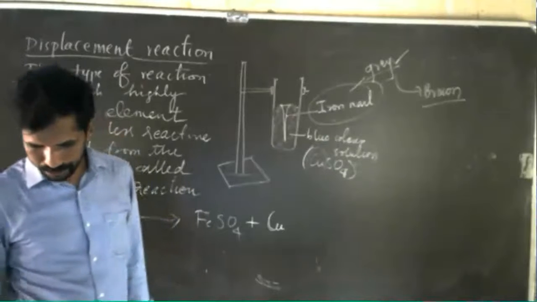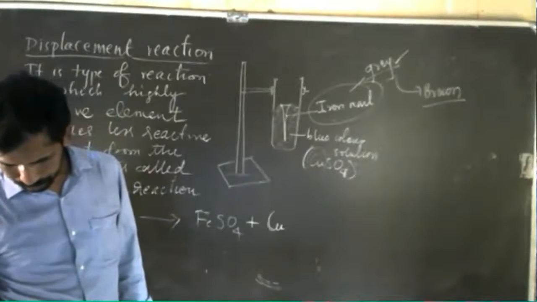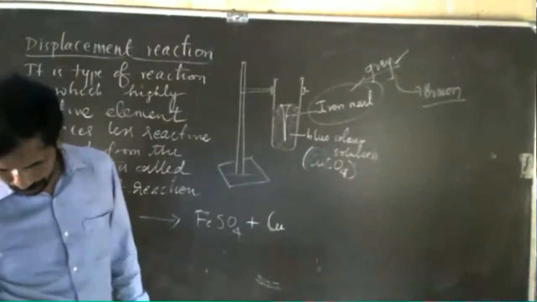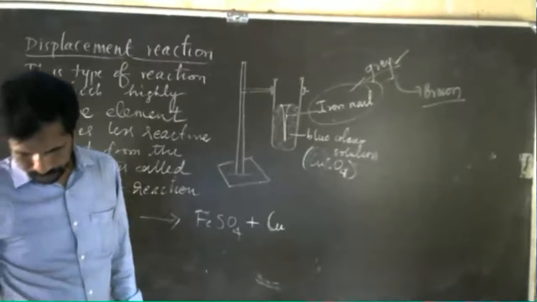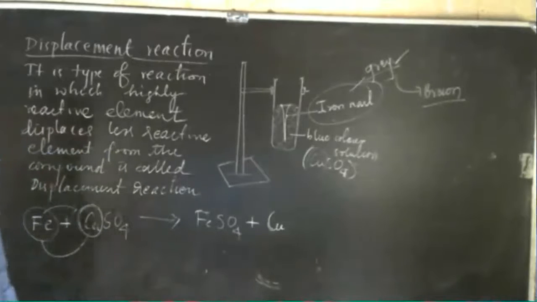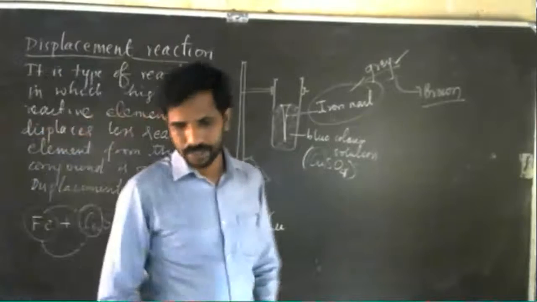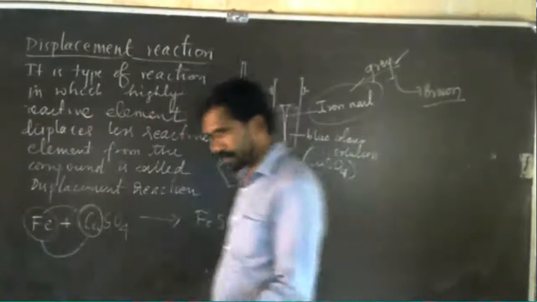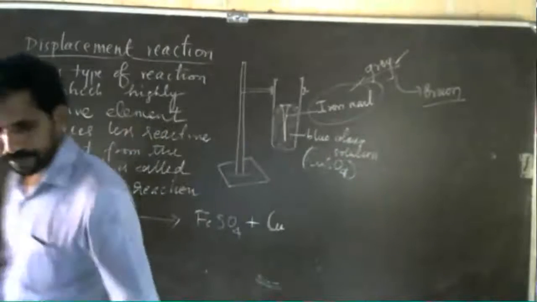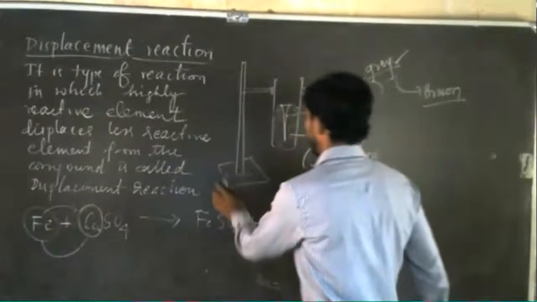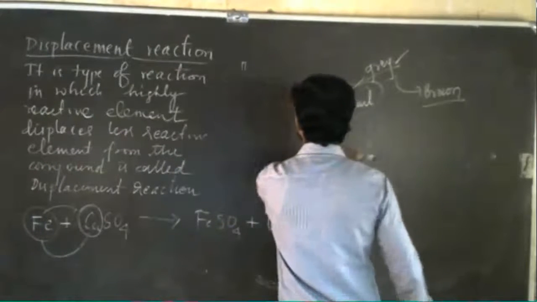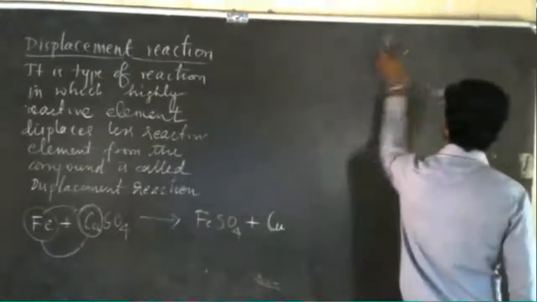The iron nail taken out from the copper sulfate solution is brown in color because of the displacement reaction. This reaction happens actually. Is it clear? There are some more examples given in your textbook. Go through that. I will also give you some more examples.